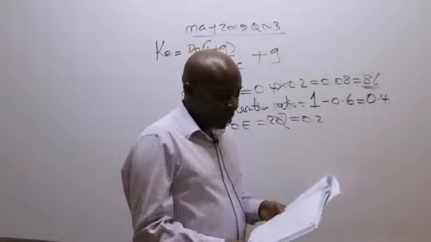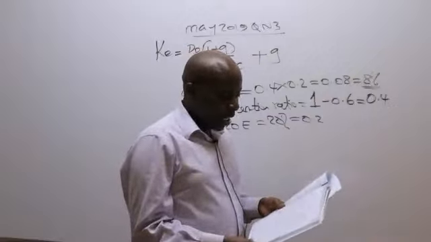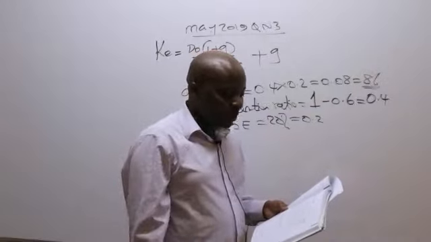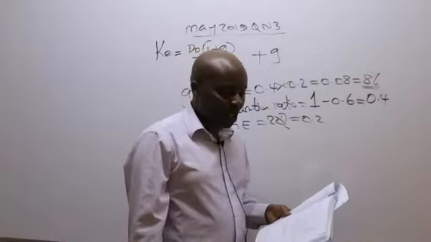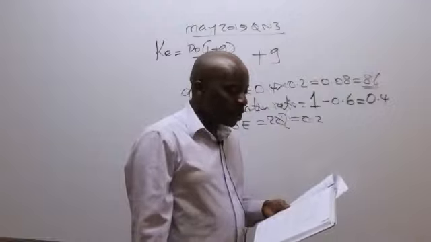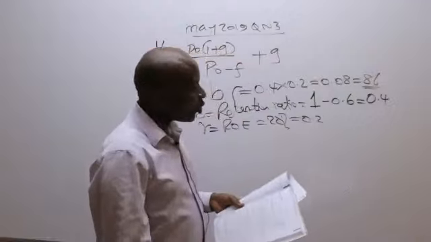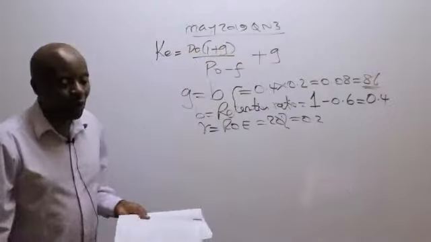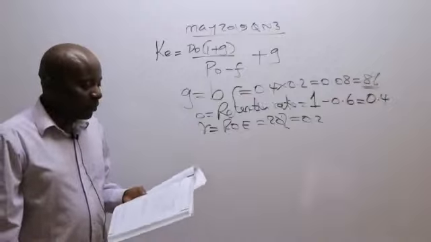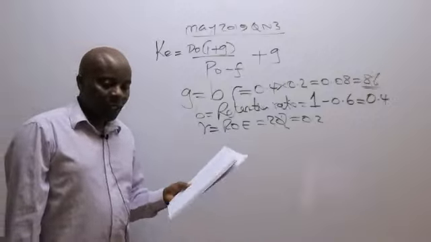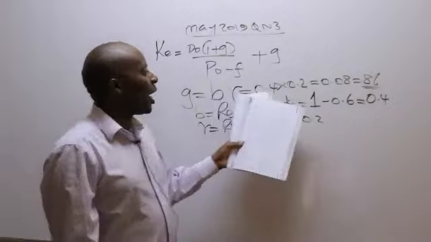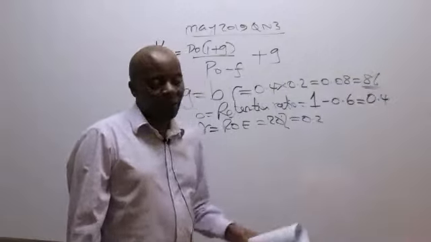In note number 3, they have told us that the firm adopts a 60% dividend payout ratio. So if the dividend payout ratio is 60%, the retention ratio will be 40%, or 0.4. And then they have given us the return on equity. Remember, ROE stands for return on equity. Once I have the two, I multiply, which ends up giving us 8%.